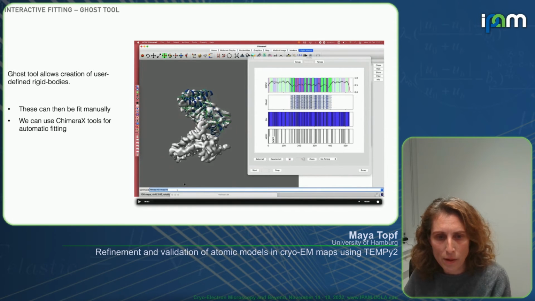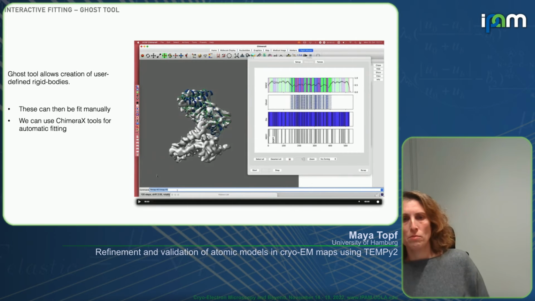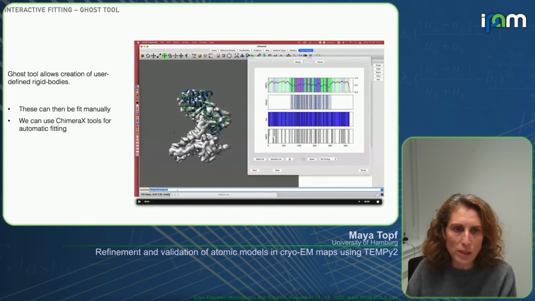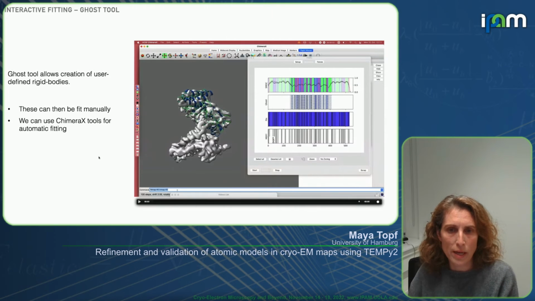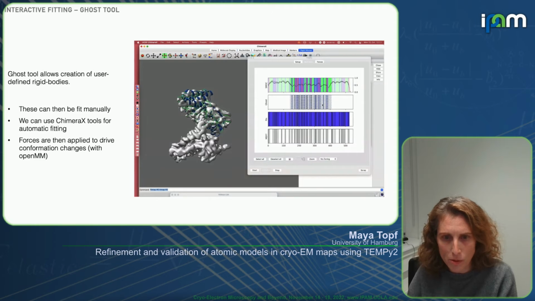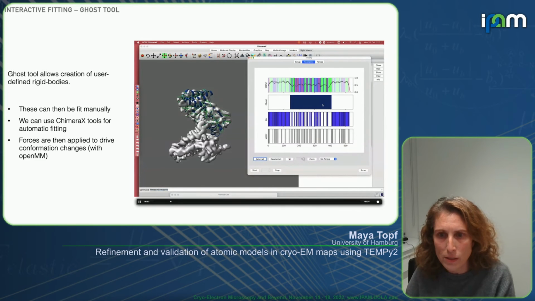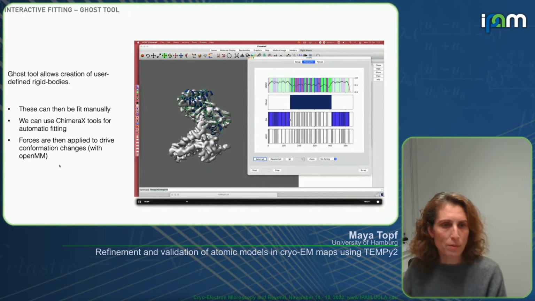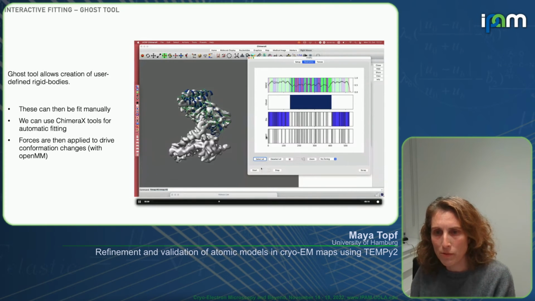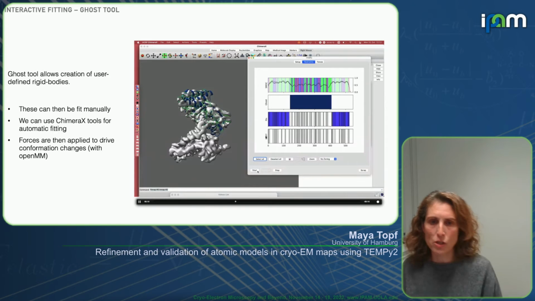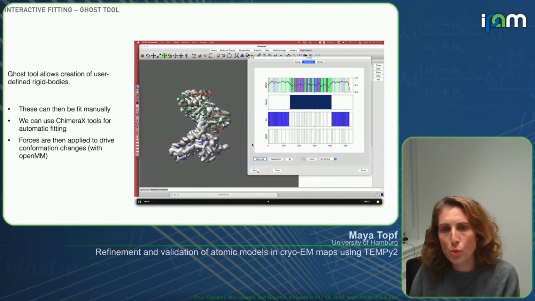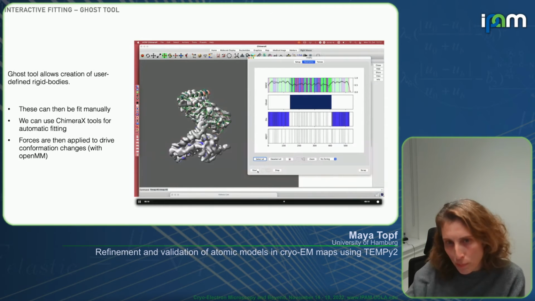And then finally, sorry about this little typo here, finally, we can actually do the refinement. So I'll just show you how it works with these little movies. So the forces are applied. It's not the program NBFF, sorry about this, this is a mistake, but we're actually using forces with OpenMM to pull.